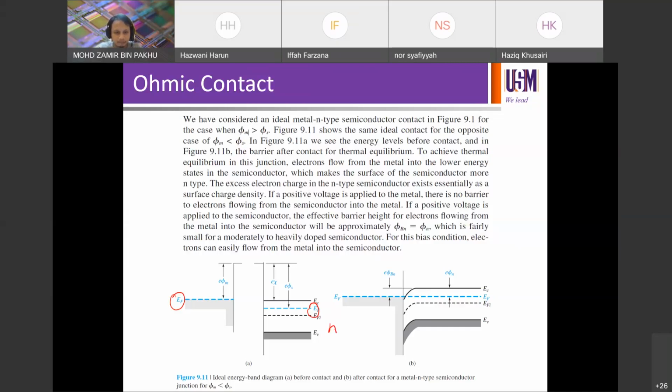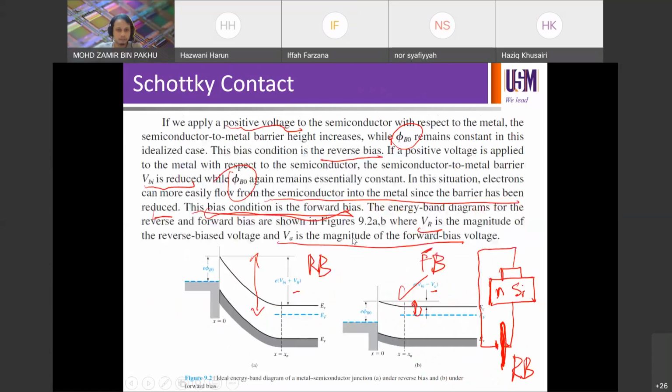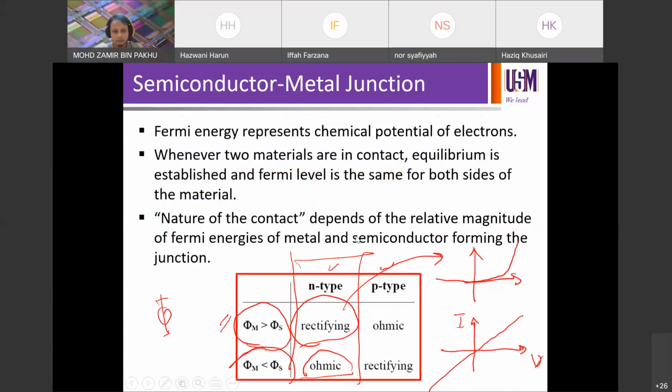Now look at the work function: the work function of the metal is smaller than that of the semiconductor, and it is N-type. Go back to this table. So we are now talking about this case. Tadi first case kita discuss tentang ni. Sekarang kita discuss tentang ohmic, right? And for this and this, it's just the reverse case. Reverse sama aja, same thing.